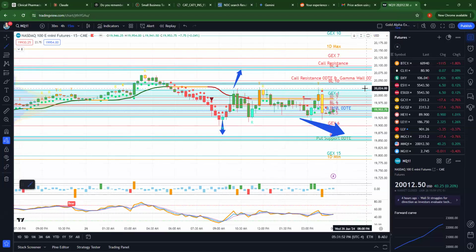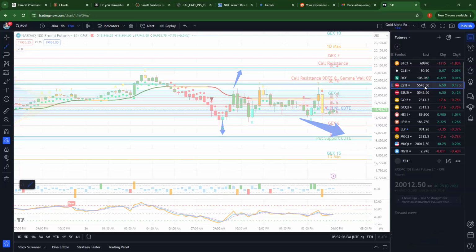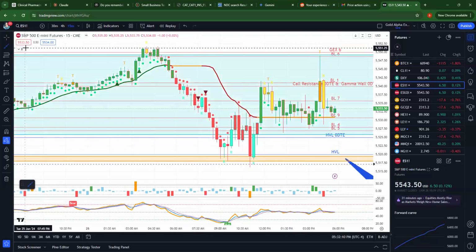Right. That's exactly what I did. I set an alert here at the top of this zone and an alert here at the bottom of that zone. So yeah, that was it. And it's pretty much the same in the ES since you mentioned it. Let's go to a 15-minute.